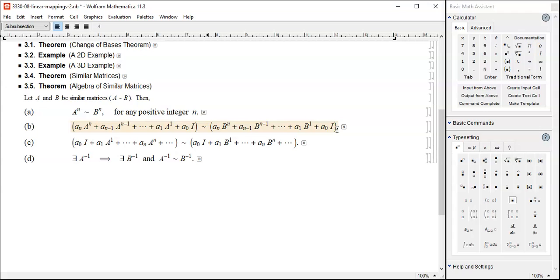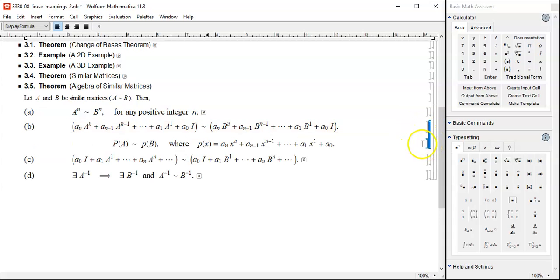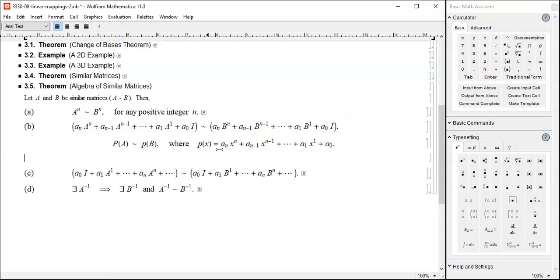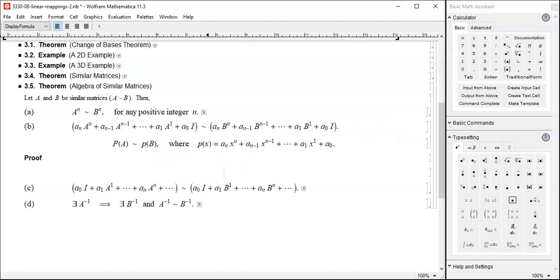The polynomial expression of A and the same polynomial expression of B are similar as well. And that's because, you see, P of B is this one.